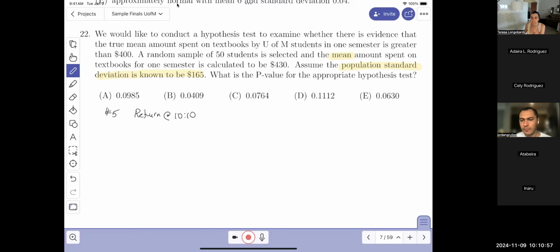Okay, put your answers in the chat if you finish. Jordan, the details. Okay.